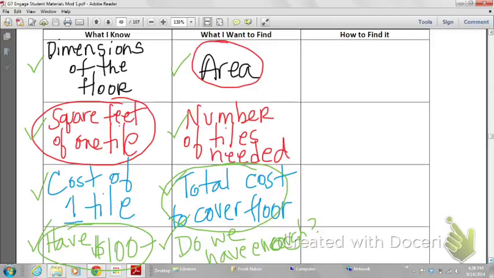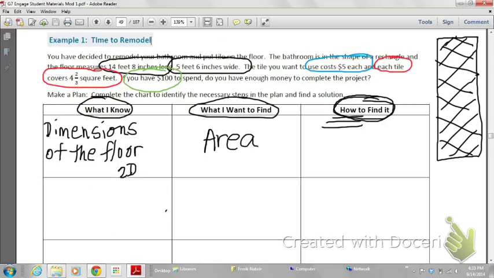Okay, so now hopefully you know, been working with it long enough, how to find area. We know that area is going to be length times width, right? Now with this area, we have the dimensions that we have.